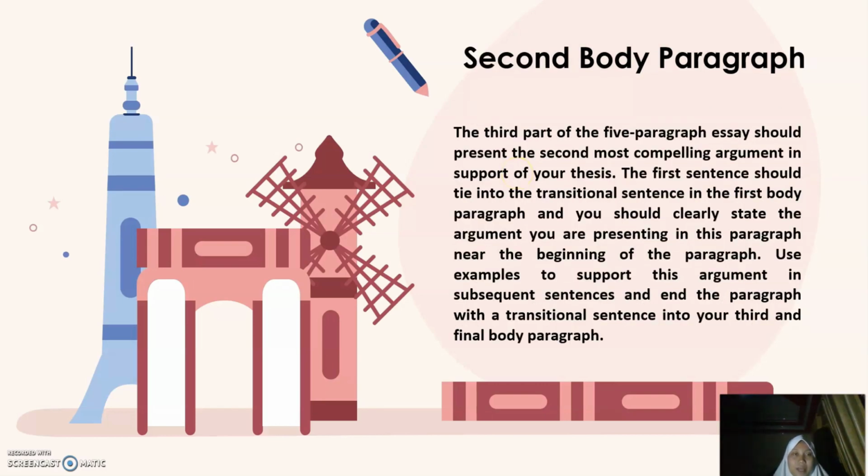And next, the second body paragraph, the third part of the five-paragraph essay, should present the second most compelling argument in support of your thesis. The first sentence should tie into the transitional sentence in the first body paragraph, and you should clearly state the argument you are presenting near the beginning of the paragraph.